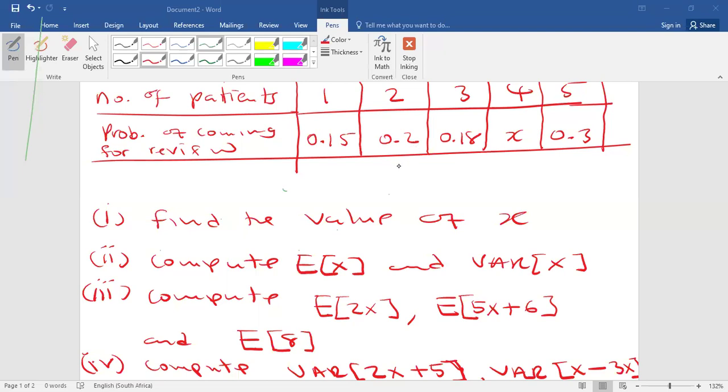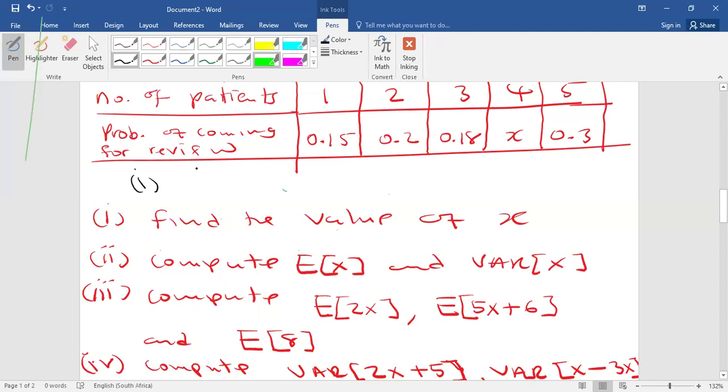Now let's start answering. The first thing is finding the value of x. So what we do is to find the value of a for number 1, we want the value of x.